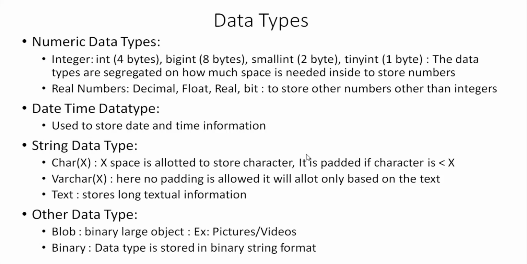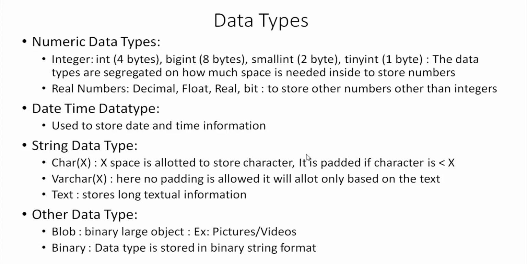Apart from these, the other data types are blob, which is binary large object, which is used to store pictures and videos. And there is a binary data type, which is also used to store the binary string format.